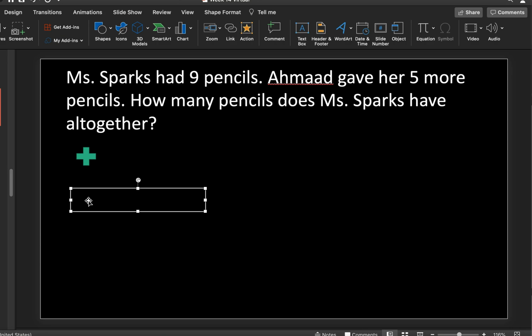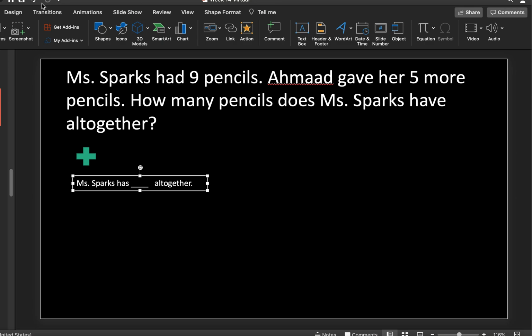The way that I can redo this so that it is a sentence: Miss Sparks has, and I don't know how many I have altogether yet, blank altogether. So I got to figure out what that blank is. So that was my step 2.